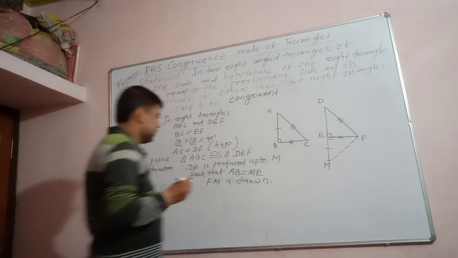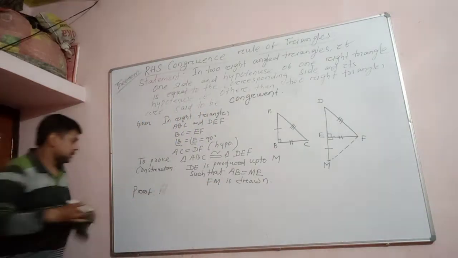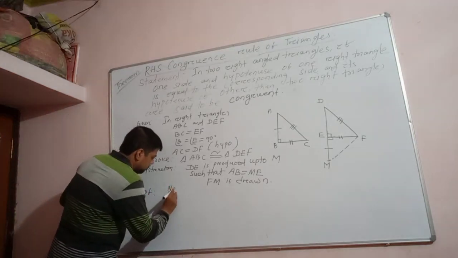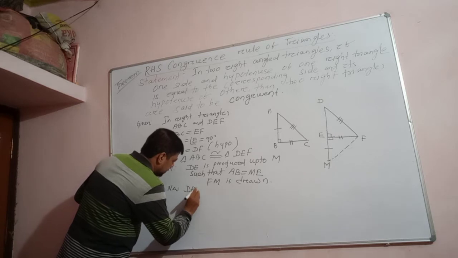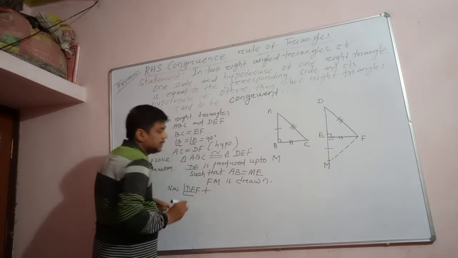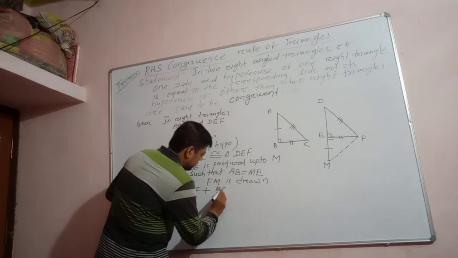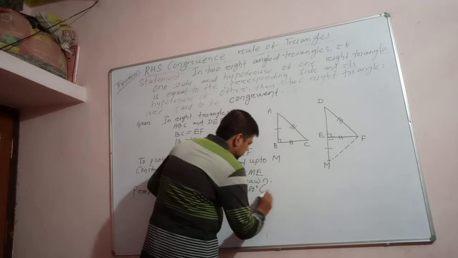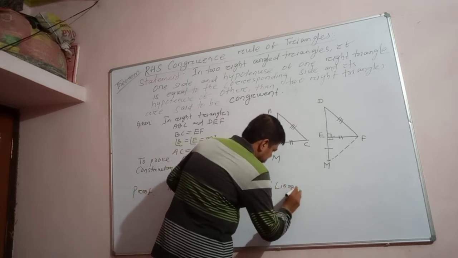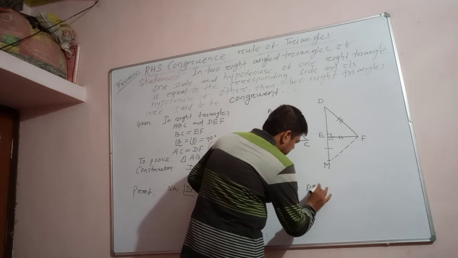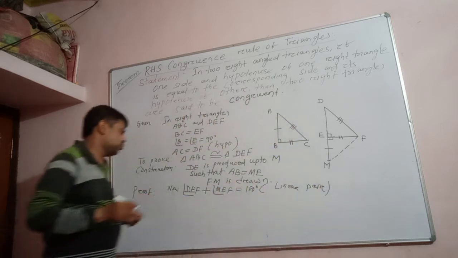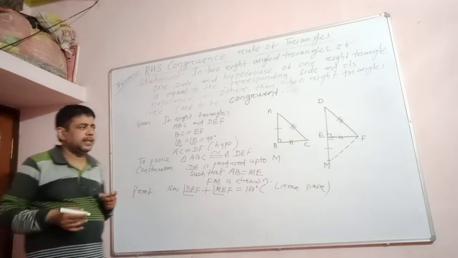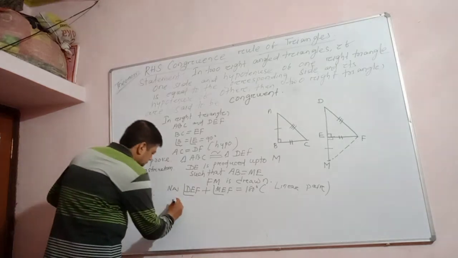First of all, let us write these things. Linear pair: angle DEF plus angle MEF is equal to 180 degrees. The sum of a pair of adjacent angles is always 180 degrees; they are said to be a linear pair, all of you know.